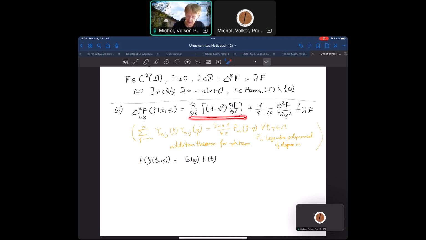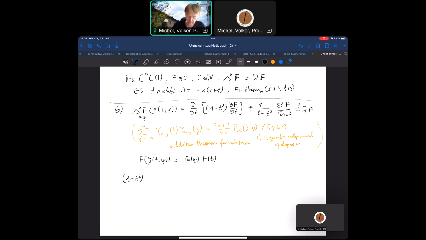Let's have first a look at the Legendre operator. This is certainly a case for the product rule. And I will do the uncommon way and first apply the derivative to that. So the product rule gives me, first of all, 1 minus t squared unchanged times the second derivative of f with respect to t.